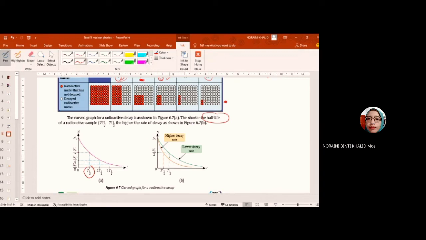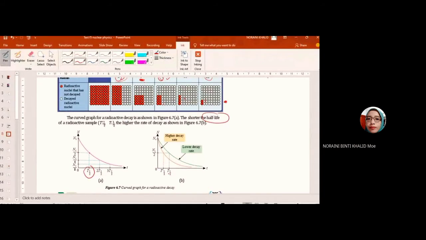If you compare two materials or two elements here, the one with the short half-life will have a higher decay rate, so you can see the graph is more curved. The one with the longer half-life has a lower decay rate, meaning the number of nuclei that decay is smaller compared to the one with the shorter half-life. The short one can change to another element faster compared to the one with the longer half-life.